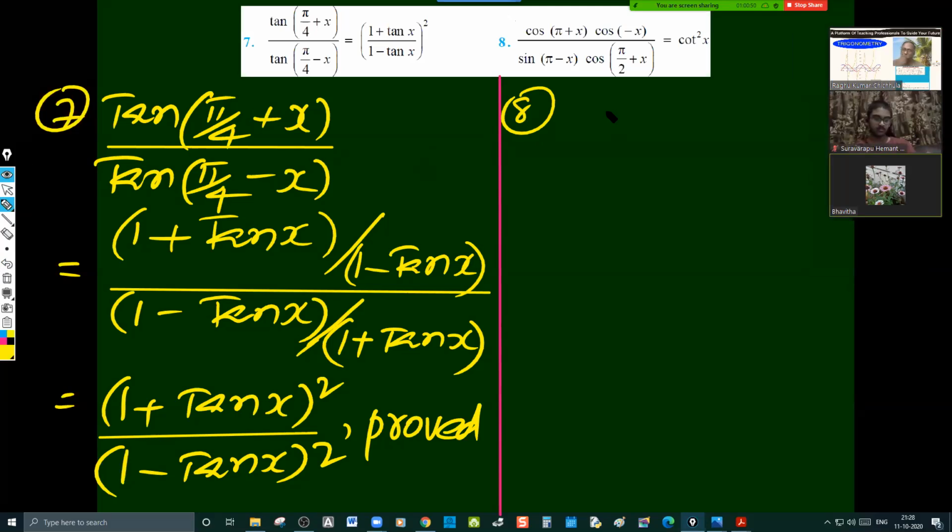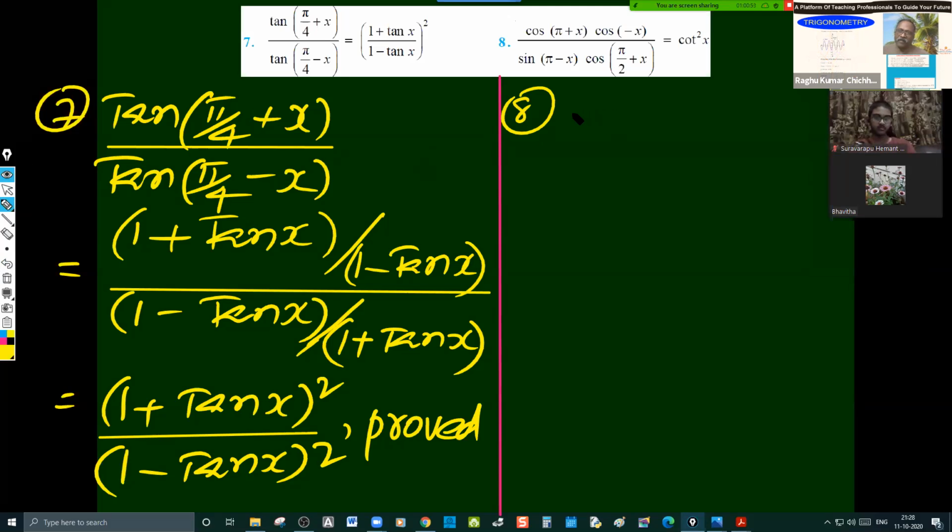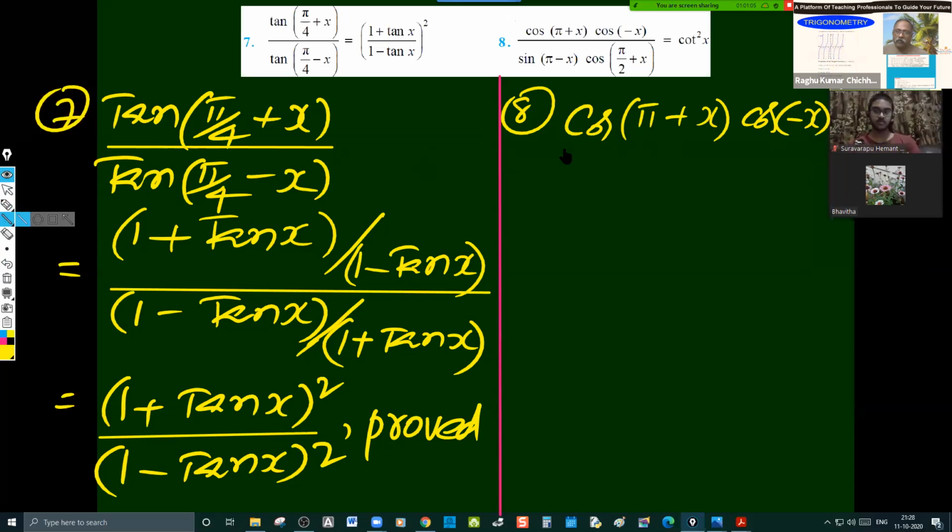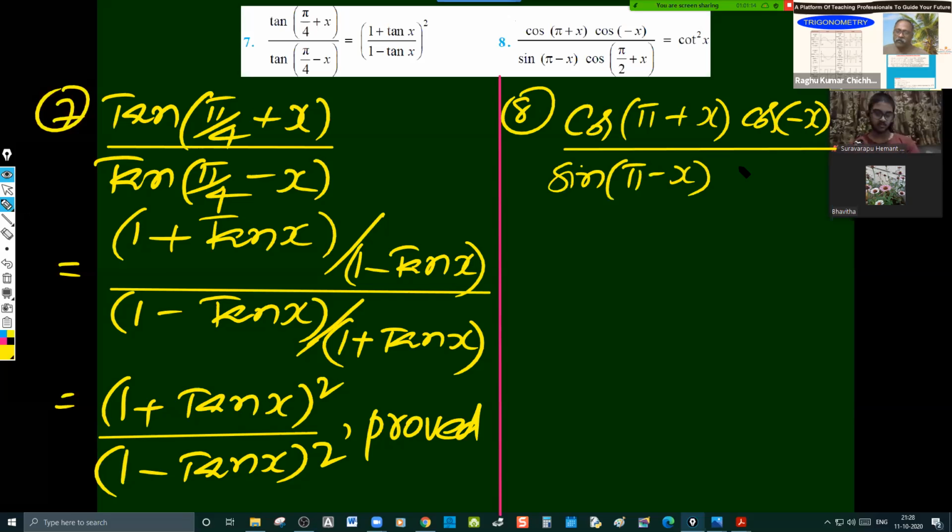The 8th one: cos of pi plus x into cos of minus x, whole divided by sine of pi minus x into cos of pi by 2 plus x.